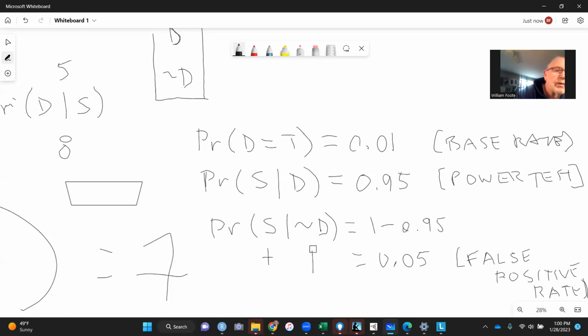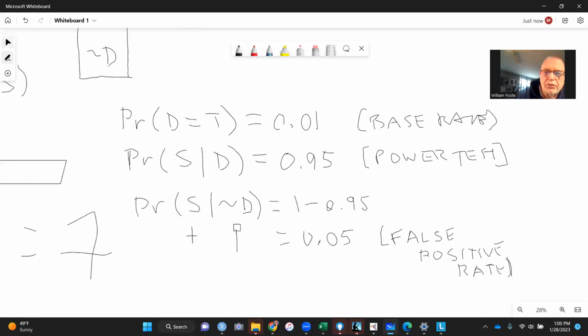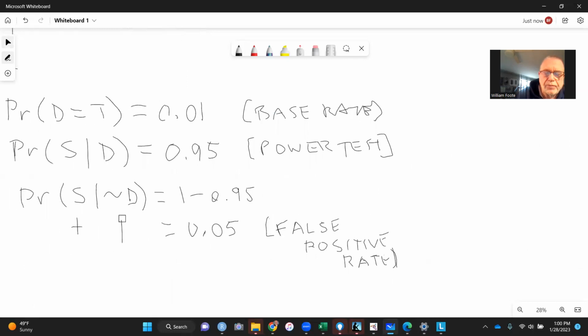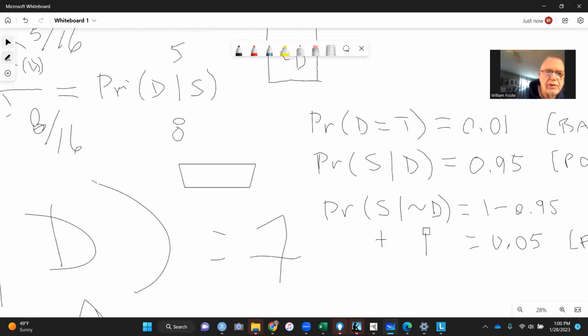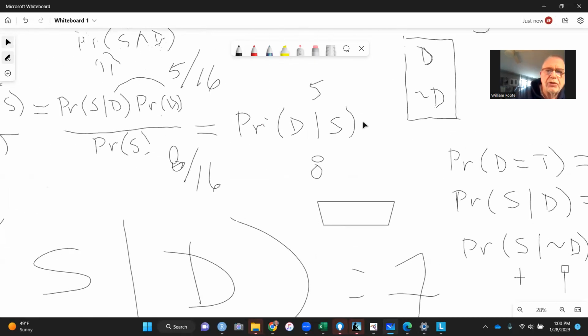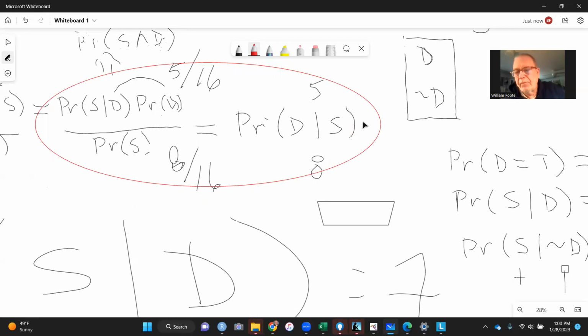Okay, let me move this over a little bit. And of course, we have our Bayes formula over here, which is where we're going to dump all of this in. We want to find out the probability that D is true, our hypothesis is true, that our decision's good, given that we see an observation.